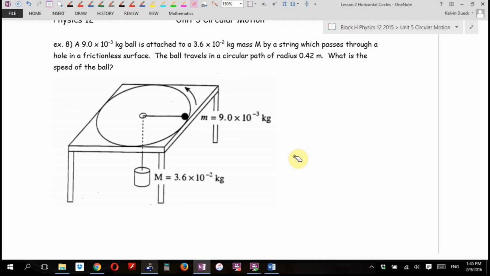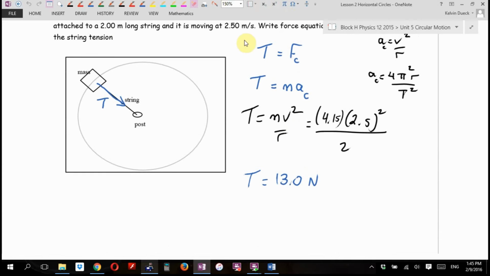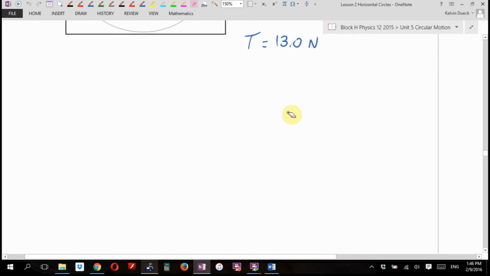Trav, what does this question want me to find? The what? Did they say speed or velocity? So that suggests to me, oh, you know what? Maybe somehow I'm going to get an equation with this v in it, and that's what I'll find. You with me?